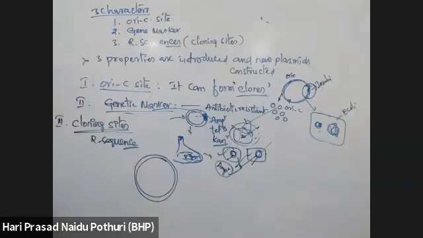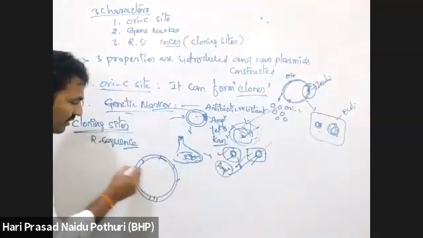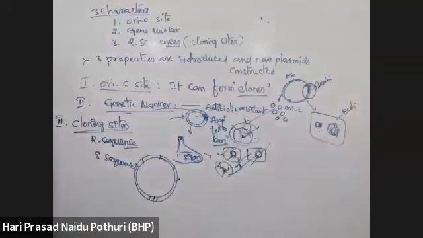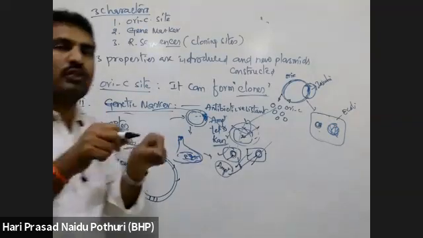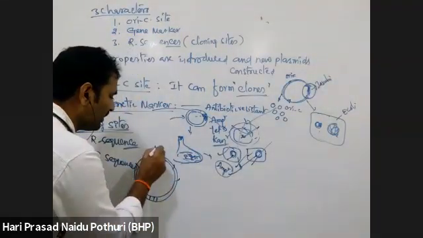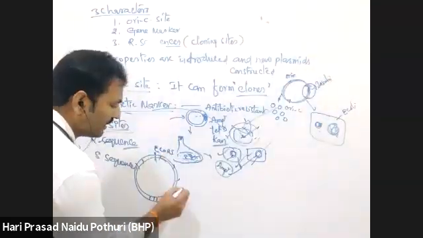Why? Because suppose pBR322 has 8 restriction sequences. Suppose we are taking a desired gene, and I wish to cut this plasmid with EcoRI so that it can open.